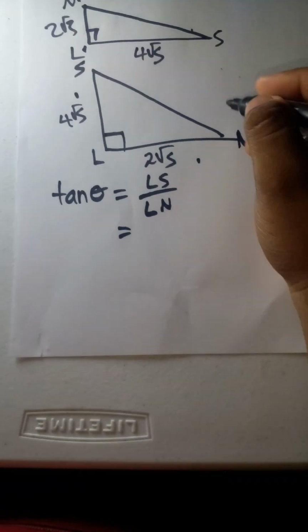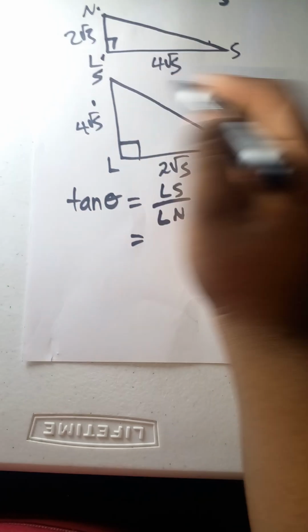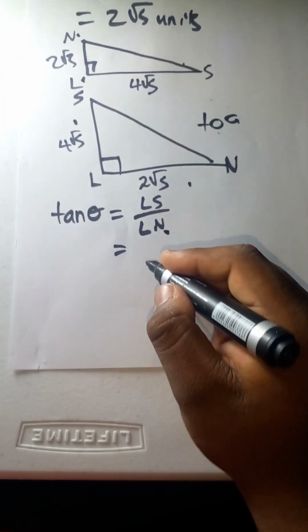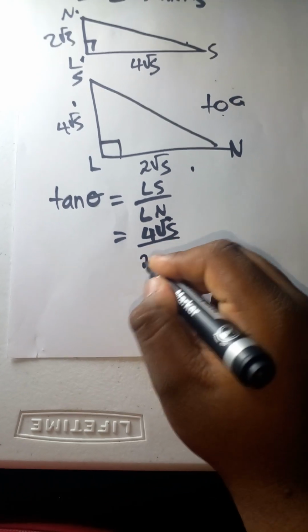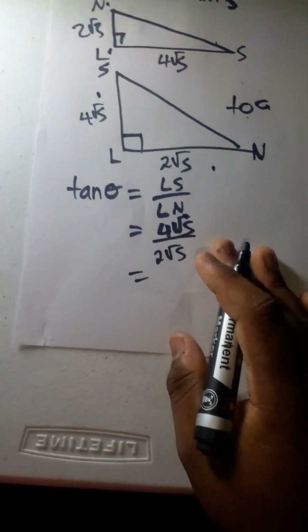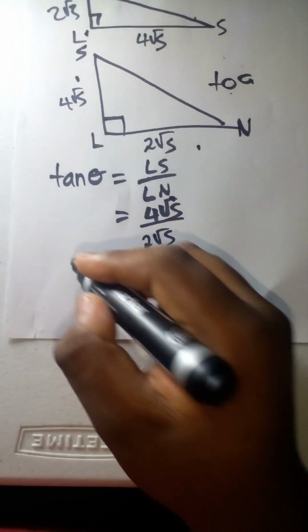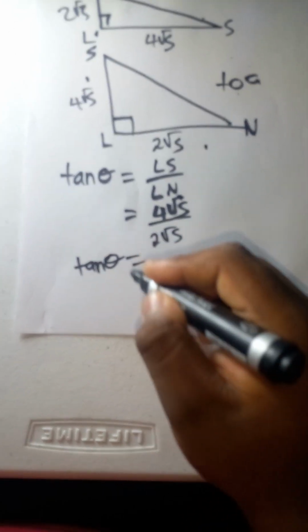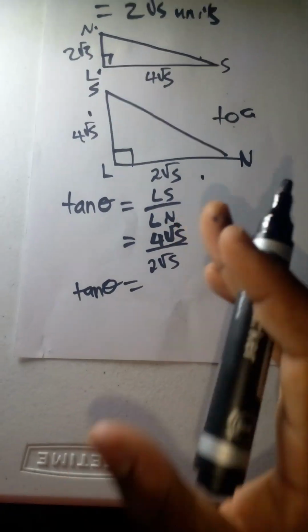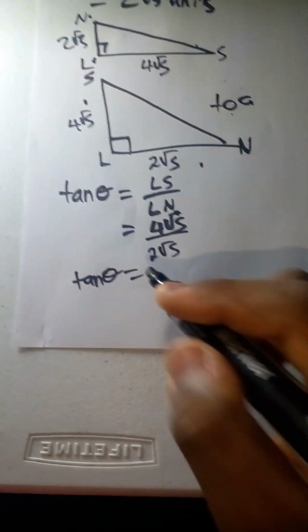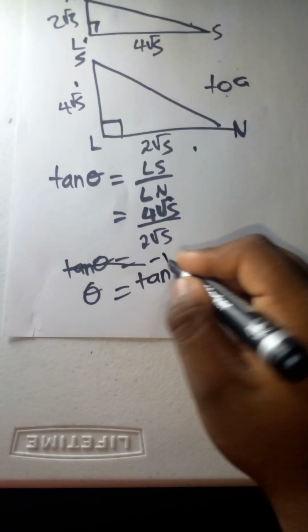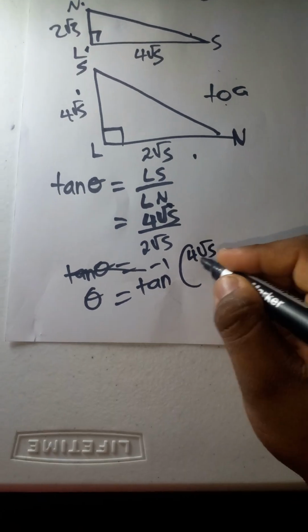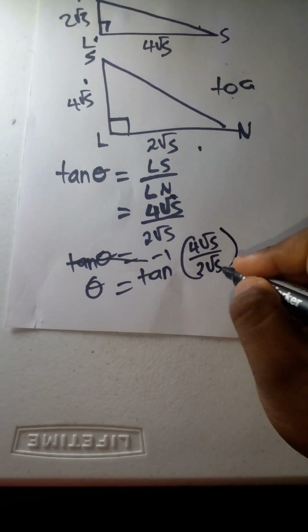TOA, SOHCAHTOA. Opposite over adjacent. So LS is 4 root 5, LN is 2 root 5. Now for me to avoid making mistakes, I can simply say theta is equal to arctan of 4 root 5 over 2 root 5.